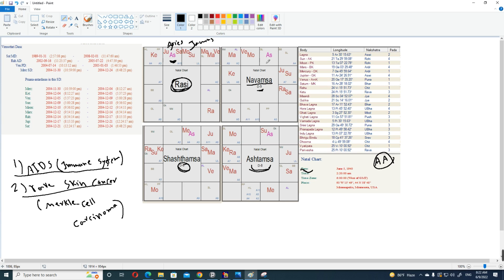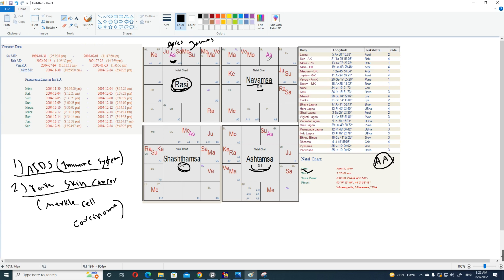But you can see the position of the ascendant is different in divisional charts. They can be in different positions. They are not necessarily the same as the main base chart. They have their own ascendants because they have their own rules, although they are derived from the main base chart, but have their own ascendants.